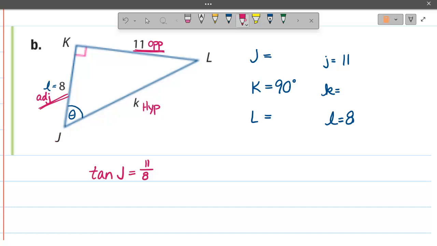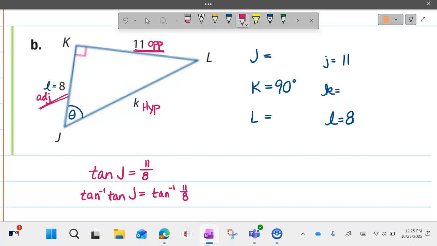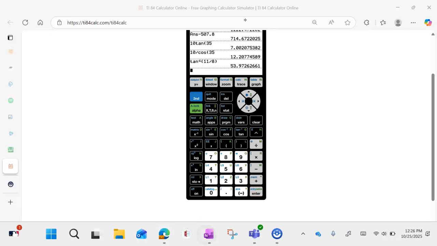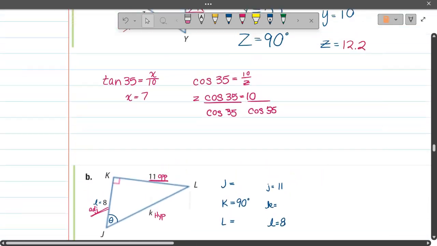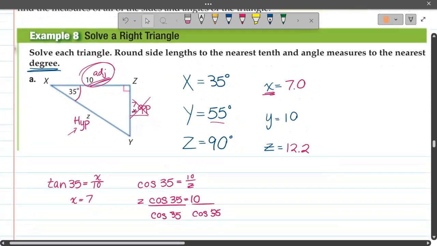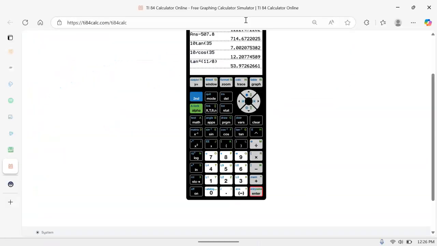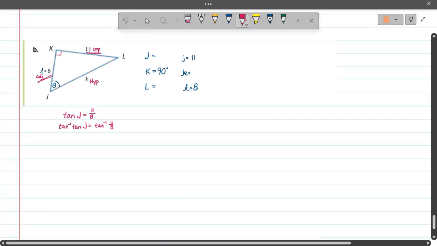And again, to find that angle measure, just like video B started with today, tangent inverse of 11 over 8. That's going to give us our angle measure. Tangent inverse of 11 over 8 is 53.97 to the nearest degree. So we call that 54 degrees.